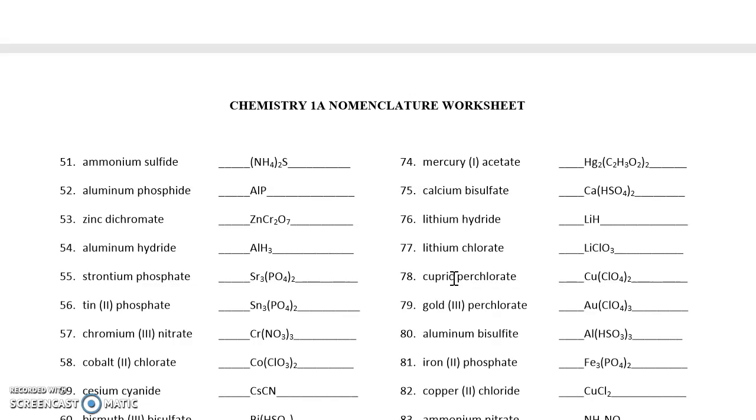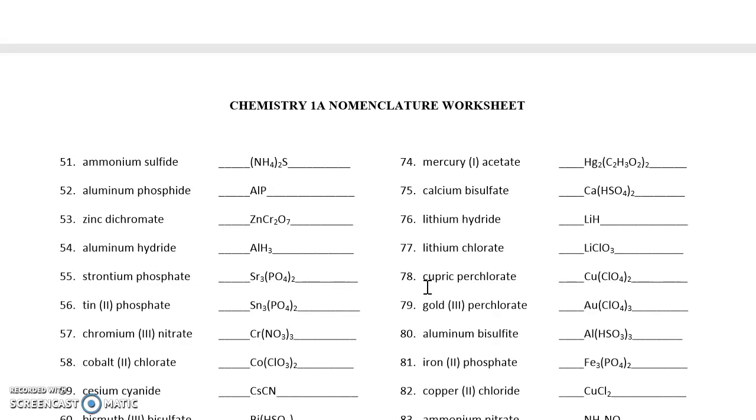So let's say copper commonly can adopt a positive 2 charge or a positive 1 charge. Clearly positive 2 is a greater oxidation state than positive 1, and we associate the "ic" ending with the greater oxidation state. So cupric perchlorate, the "ic" tells us it must be copper 2, versus cuprous, C-U-P-R-O-U-S, cuprous perchlorate, that would be copper 1.